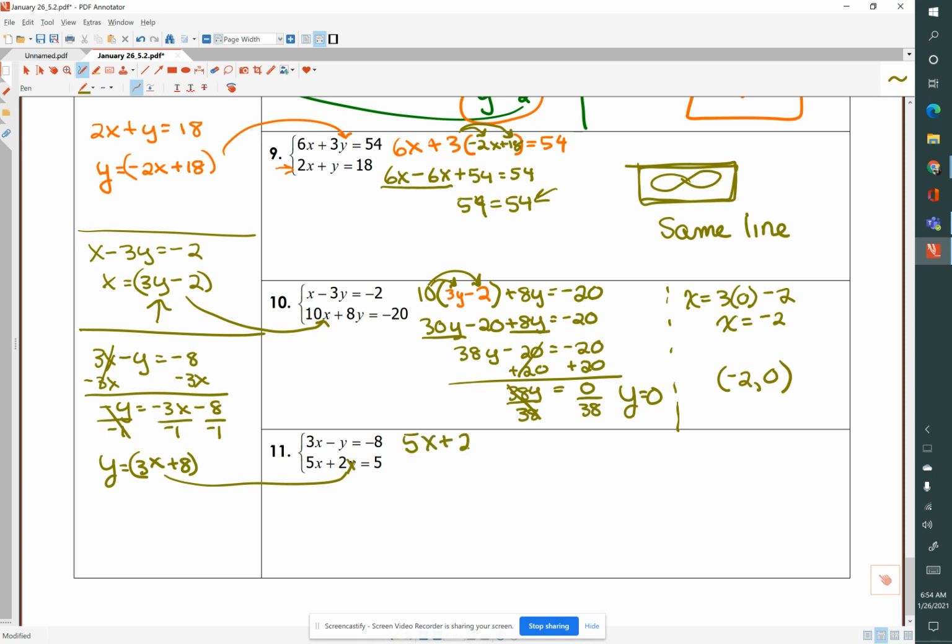5x plus 2, and our y is 3x plus 8, equals 5. And we distribute. 5x plus 2 times 3x is 6x. 2 times 8 is 16.